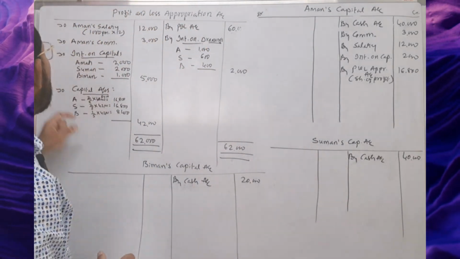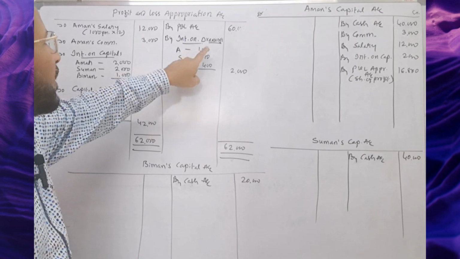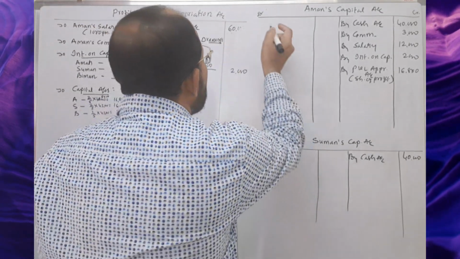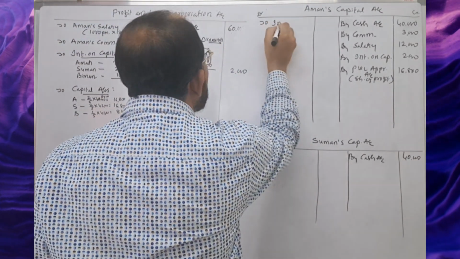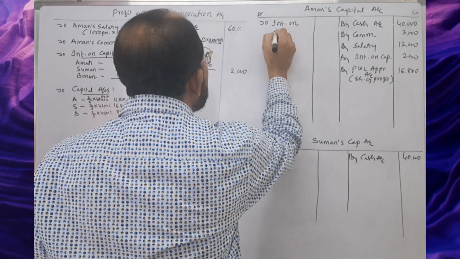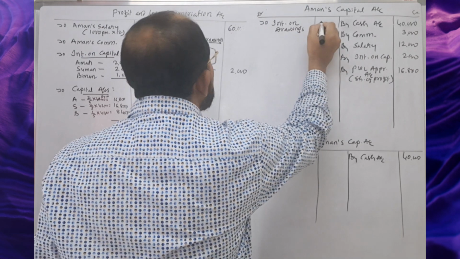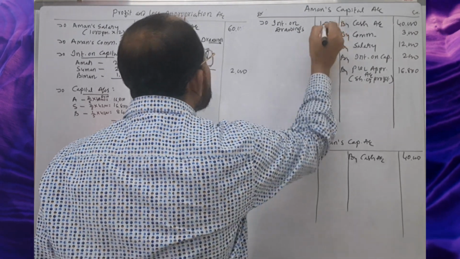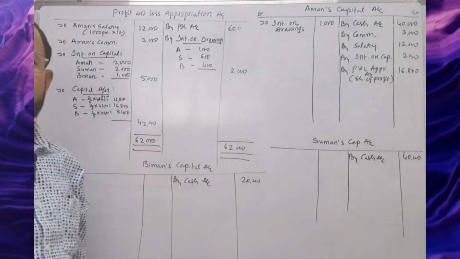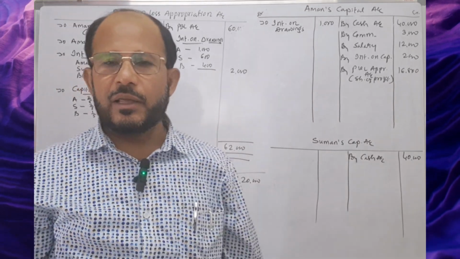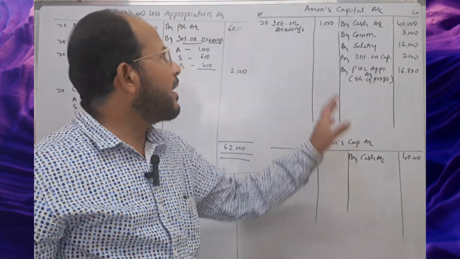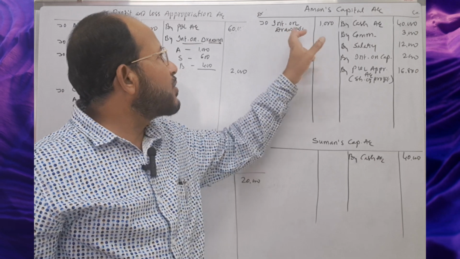Next, interest on drawings he has paid. That is why that amount is to be debited. Interest on drawings, rupees 1,000. Here in this problem, the total amount withdrawn by the partner is not given. Therefore, that amount we can't take here. Only interest on drawings is given.